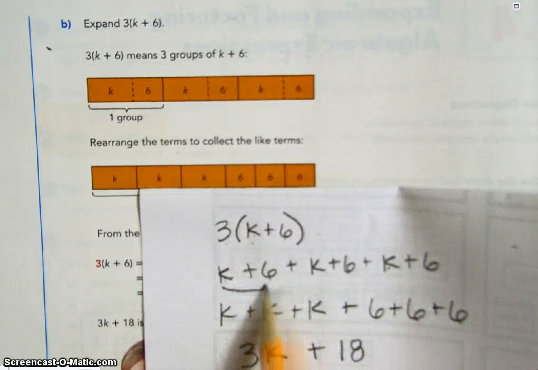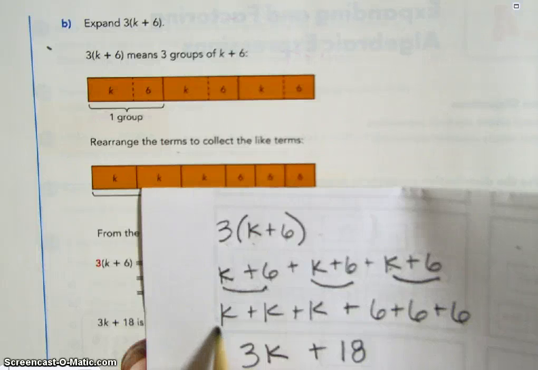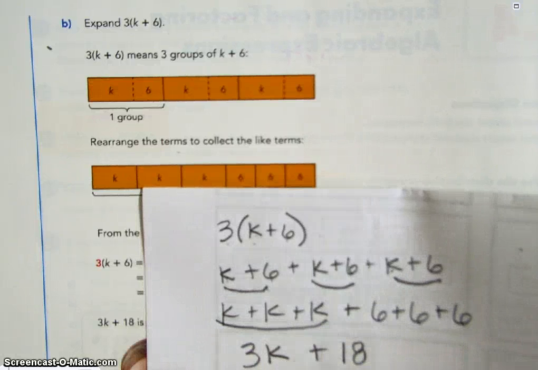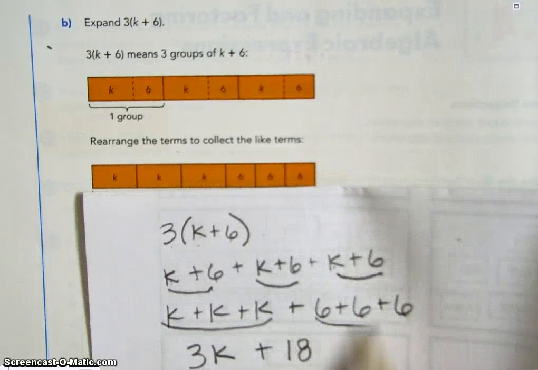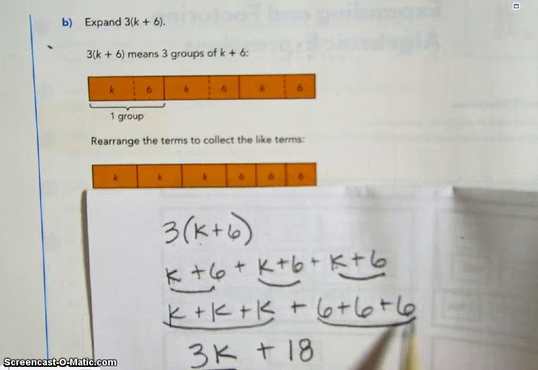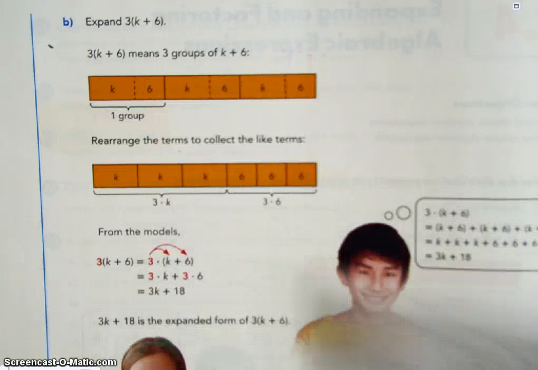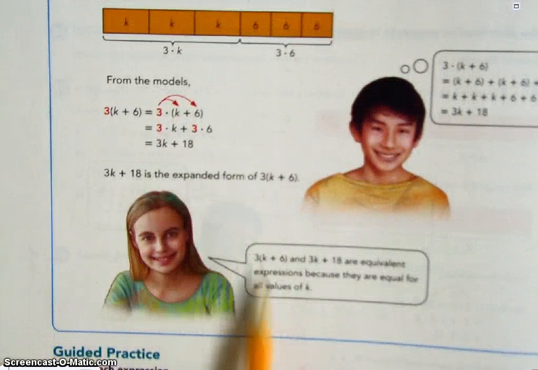It's 3 groups of k plus 6. Then we combined our like terms to simplify, and we put 3k's here and 3 6's here, which would equal 3k and 6 plus 6 plus 6, or 6 times 3, which is 18. So that would be our final answer, and that is their final answer here. They just did the same thing here.